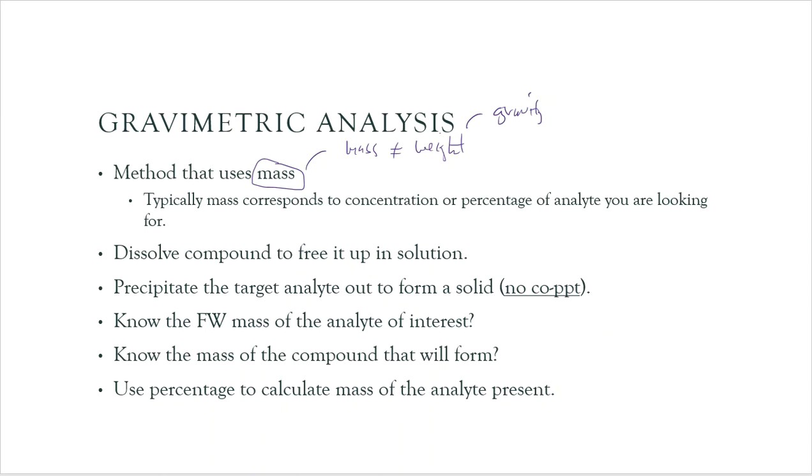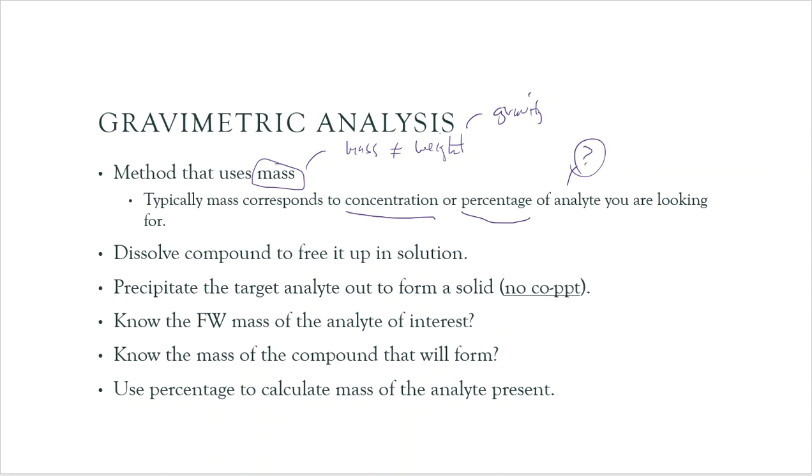So the reason that we use gravimetric analysis, it typically is used to measure a concentration of something or a percentage of something, and that something is what we call an analyte. So the analyte is another fancy term that we use to describe the thing that we are looking for.